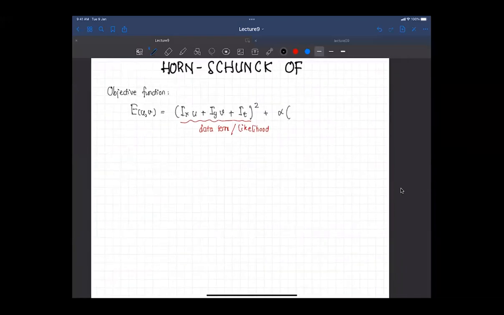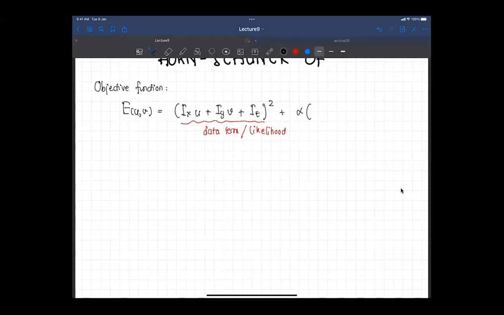So we force this to be smooth, which means the optical flow has to be smooth. What does it mean that optical flow is smooth? If you have an object and you move this object, it's likely that the whole surface will move. This surface will not be dispersed. It's likely to be united and move.